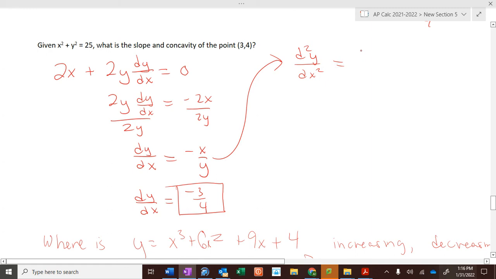So it's y times the derivative of negative x, which is negative 1, minus negative x times the derivative of y, dy/dx, over y squared.